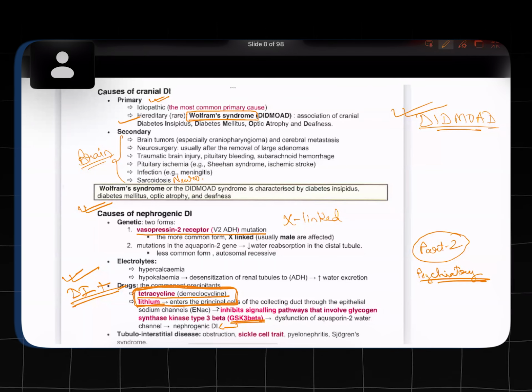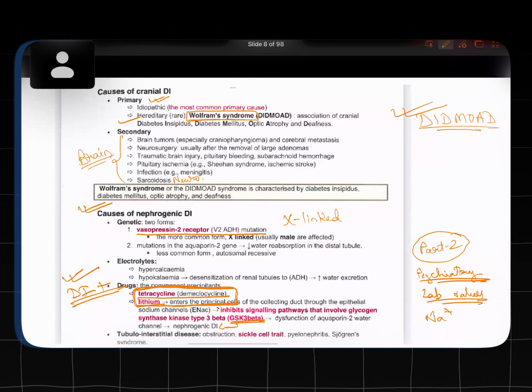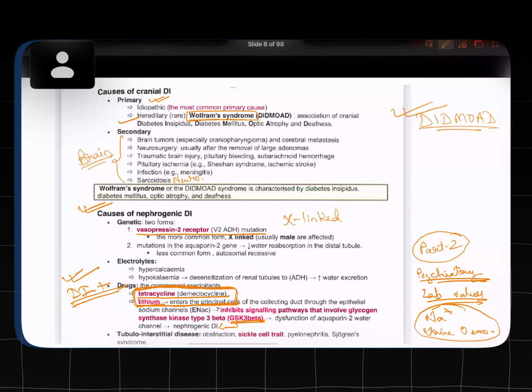They will mention that the patient has gone to psychiatry OPD or has a history of psychiatric illness, and now these are the lab values, and very cleverly they will give the sodium value and the urine osmolarity. Then you have to correlate with nephrogenic diabetes insipidus, right? So that is the way they will expect you to clinically correlate the things.